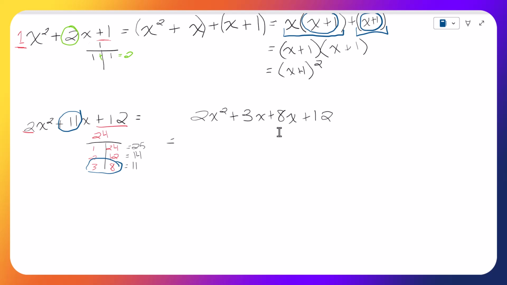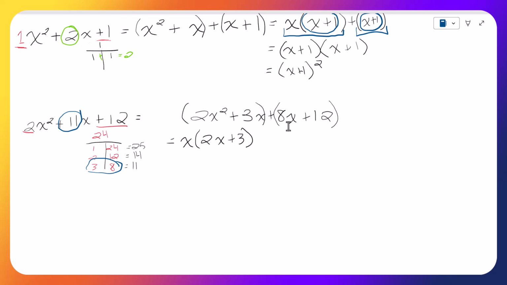And again, grouping our first two terms, then what terms I'm putting in parentheses, and our last two terms, that's what grouping means, putting it in parentheses, really. And I notice my first two terms both have an x in them, so I'm going to pull out an x, so we're left with x, 2x plus 3.